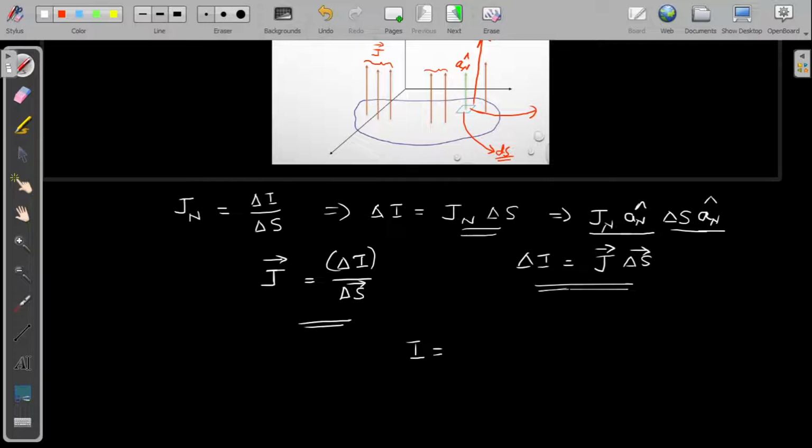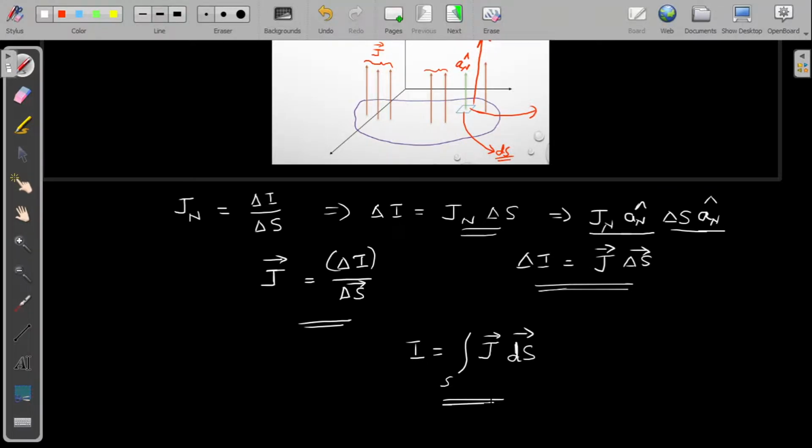That is, I have to just integrate this equation. Agree? If I integrate this equation over the entire surface, in the sense, if I calculate the total J vector coming out of this entire considered surface, then I will obviously obtain the total current. Agree? So this is how I calculate the total current.